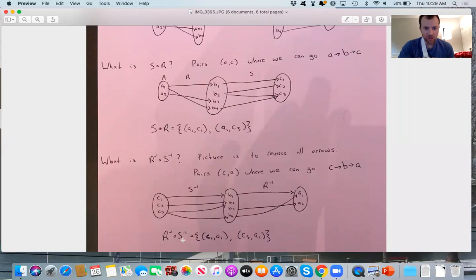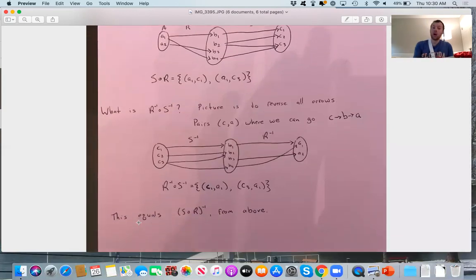The inverse of these compositions has two pairs, and the pairs are just flipped. So A1, C1 is in the original composition. This composition with inverses in a different order has C1, A1, and then the A1, C3 from the original composition is flipped to become C3, A1 in this composition.